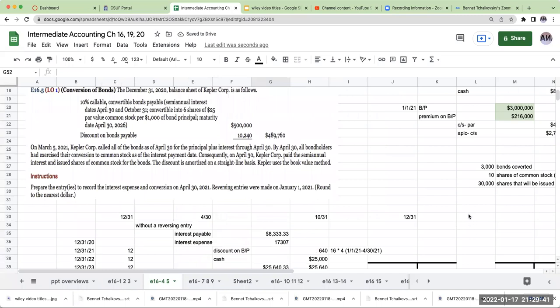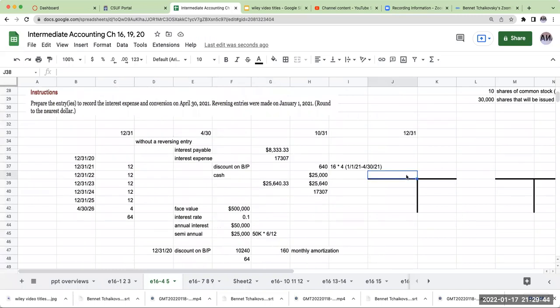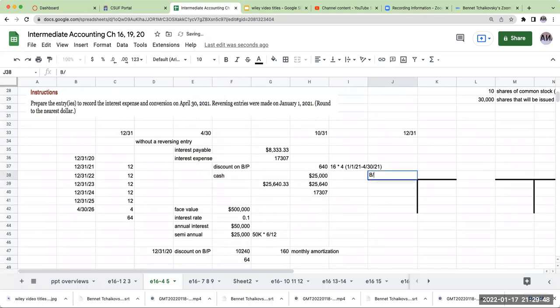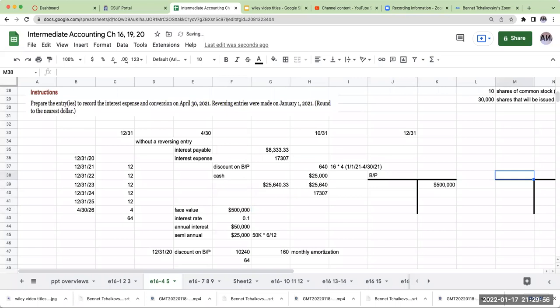Now let's get to the conversion. When we were converting this bond, remember, whenever you're doing a redemption or a conversion, we always want to make sure that we have this up to date in terms of our discount or our premium. So our discount on bonds payable was 10,240.